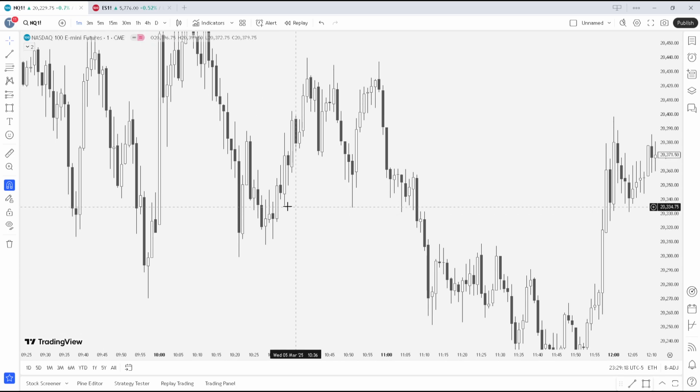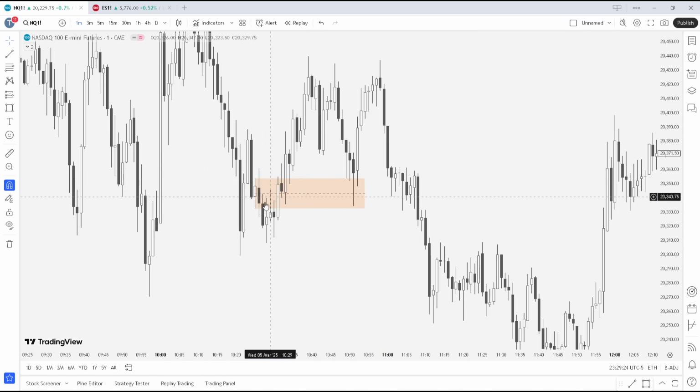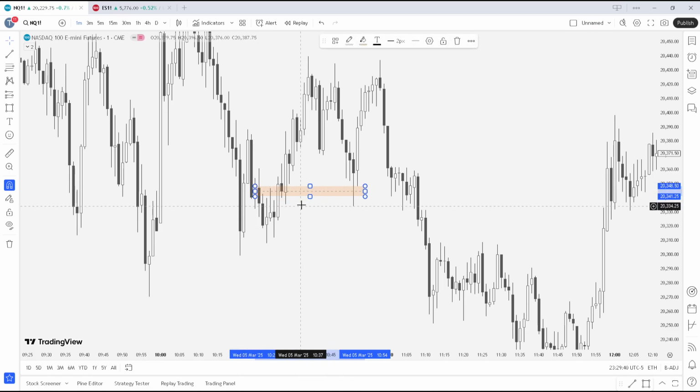You could, okay, so here, now this would technically be your breaker. It really depends on how you want to mark out your breaker, right? Because if you used the entire candle, that would be your breaker. But if you only use the bodies, then this would be your breaker.